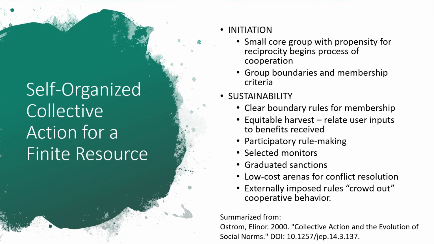These self-organized groups for common pool resource sharing are sustainable when they retain these clear boundaries for membership, have a strategy for equitable sharing of benefits, incorporate participatory rulemaking, have selected monitors and graduated sanctions, provide a low-cost arena for conflict resolution, and externally imposed rules tended to crowd out endogenous cooperative behavior.